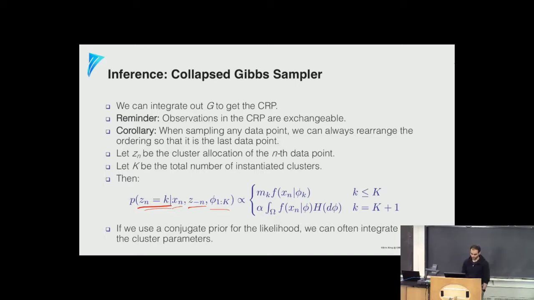So with these probabilities that are proportional to the counts and the likelihood of the point under the given component in the cluster, we'll select the corresponding component k, or instead of selecting one of the existing components, we can select one of the new components. Right?